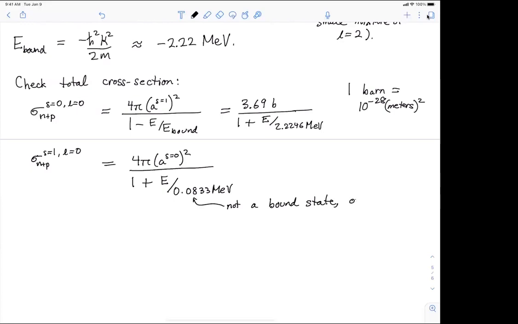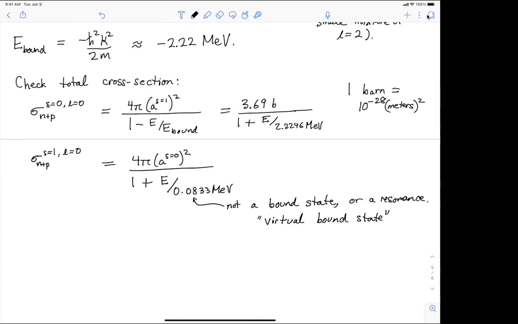It's certainly not a resonance because it would be positive if it was a resonance. Sorry, the pole would be at a positive value. And so situations like this can occur where something looks like a pole, but it's not a bound state or a resonance. And this is called a virtual bound state, not to be confused with a real bound state or a resonance.